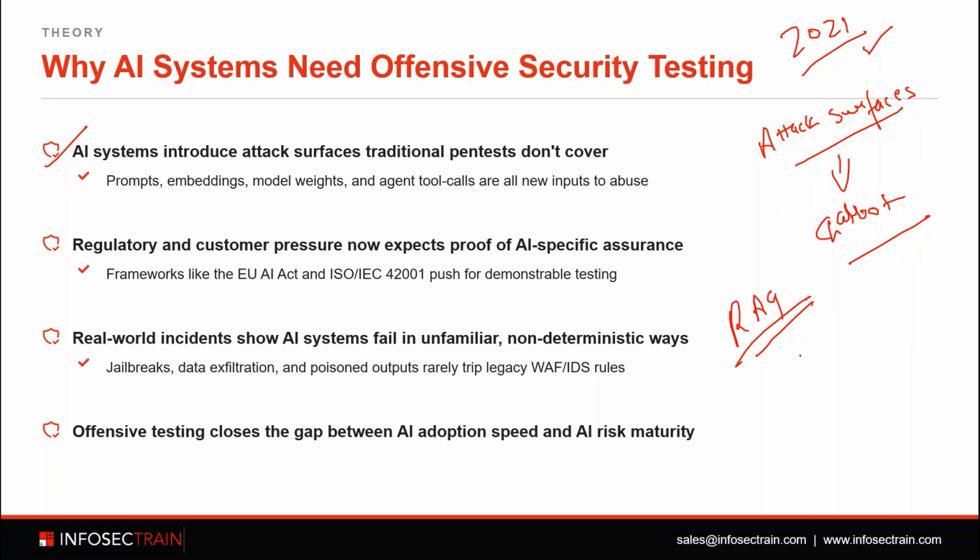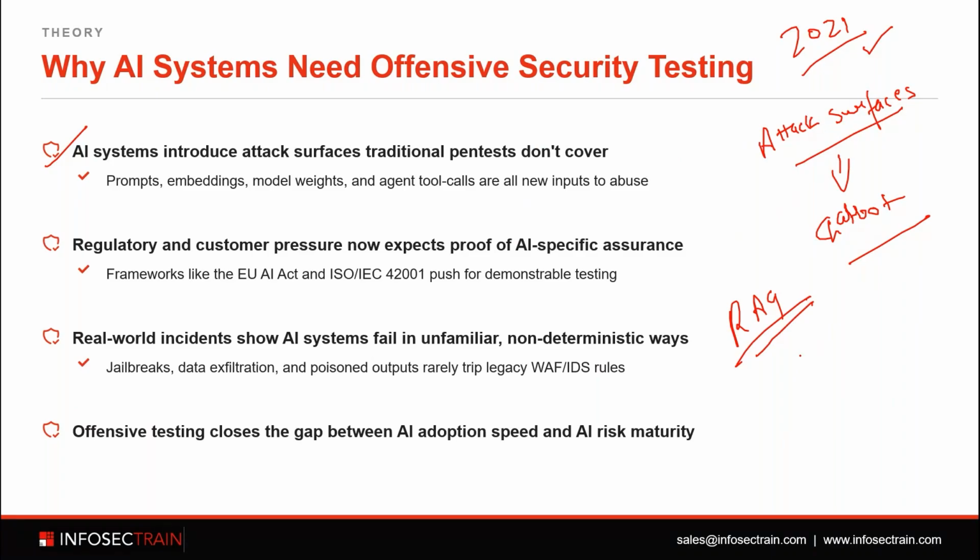So with this growing reliance, the attack surface has expanded dramatically, right? Offensive security testing, which is also called red teaming, you can call it adversarial testing, is very essential to uncover the vulnerabilities before attackers exploit them.